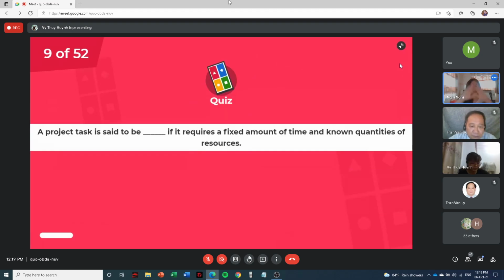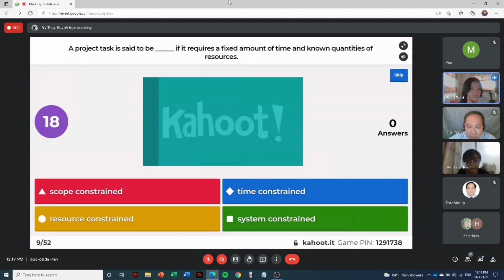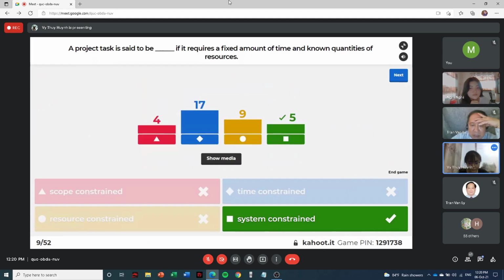Next, please. A project task is said to be system constrained if it requires a fixed amount of time and known quantities of resources. It's system constraints, guys.